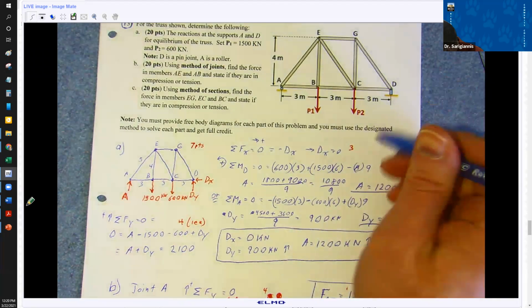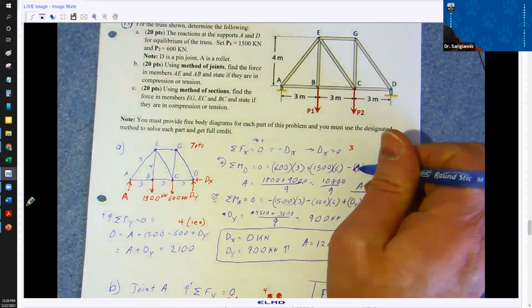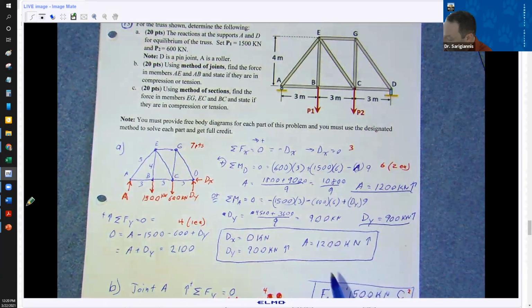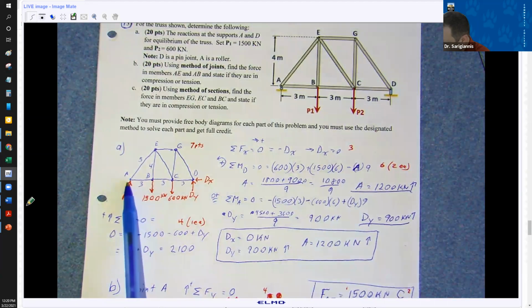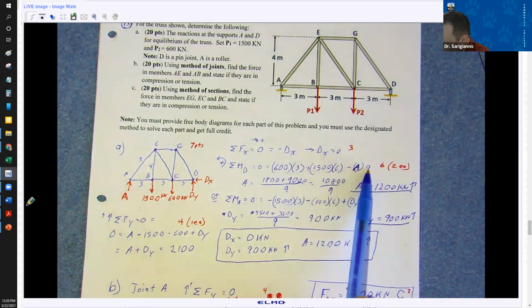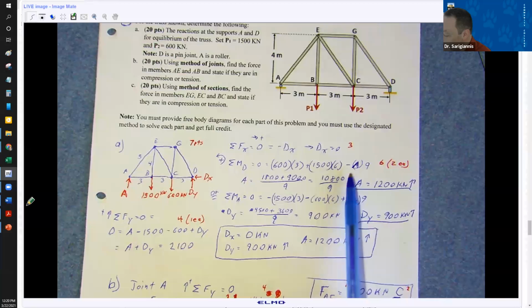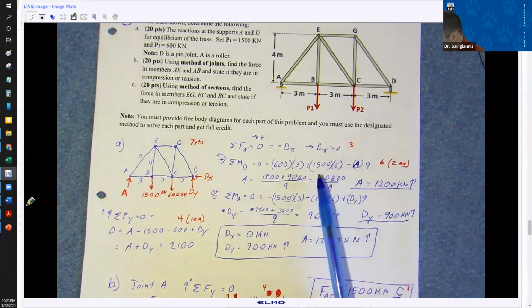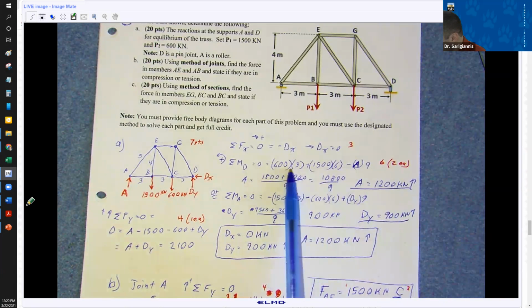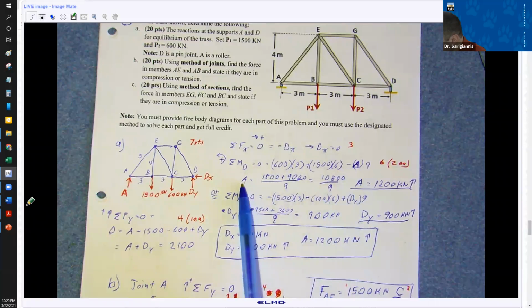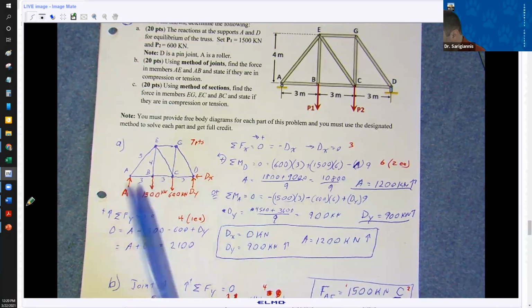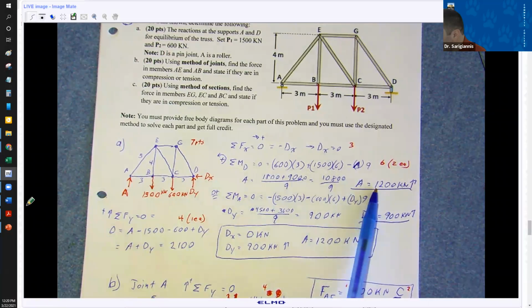And then we've got, this is supposed to be an A. Again, these notes were more for my own grading, but A is pointed upward in our diagram, minus A times 9. Now you could have drawn this the other way and it just would have been a plus A, but you still would get the same answer. The sum of these equals 0. A is the variable you're solving for, not D. You're taking the moment about D. A is your variable. So A is 1200 kilonewtons up.